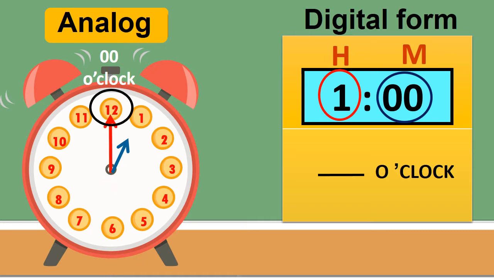So in analog form, what will the clock be? The short hand points to 1, the long hand points to 12. It means o'clock in analog form. So it's 1 o'clock.